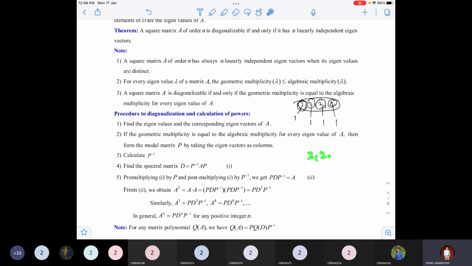Sometimes we may get repeated eigenvalues. Suppose the eigenvalues are 2, 2, 3. What is the algebraic multiplicity of 2?